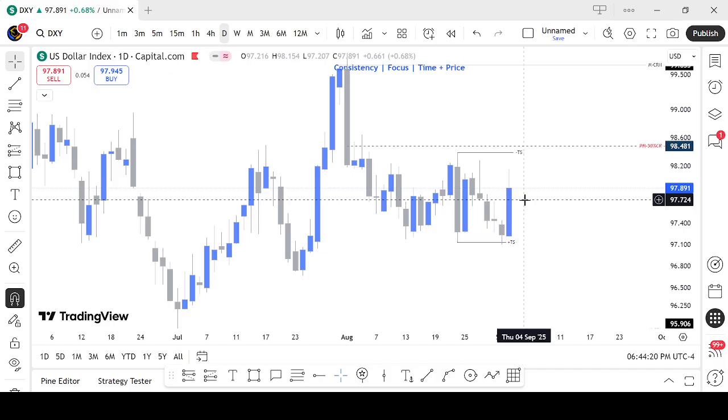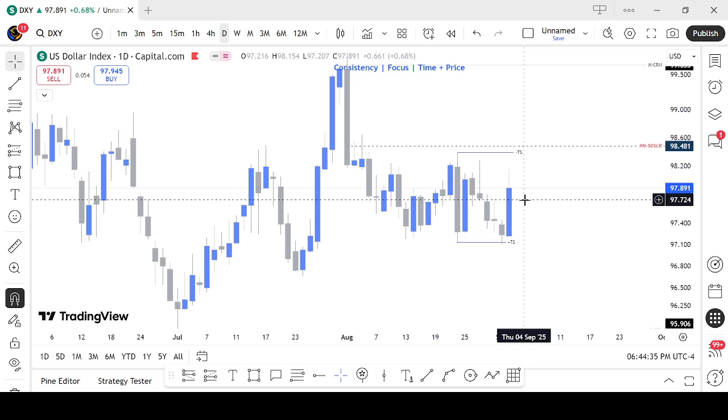But if DXY closes above it, price is likely to continue going higher and disqualify the overall bearish expectation in price.